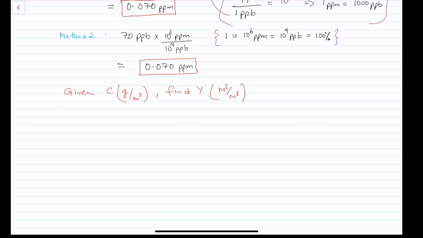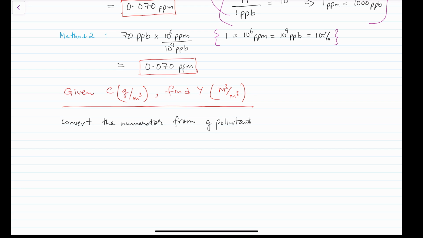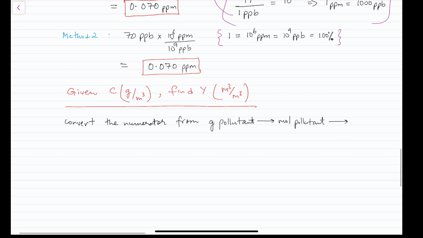Well, one way you can look at it is the denominator is the same in both cases. What we need to do is to change the numerator. So we convert the numerator from gram of pollutant to moles of pollutant, and from mole we can convert it to meter cube.